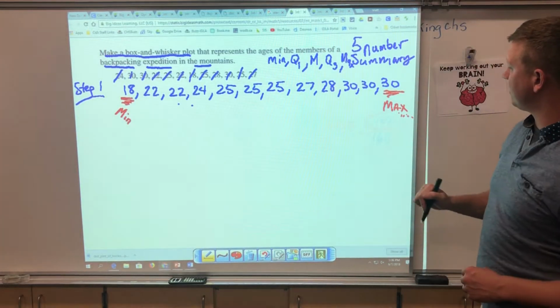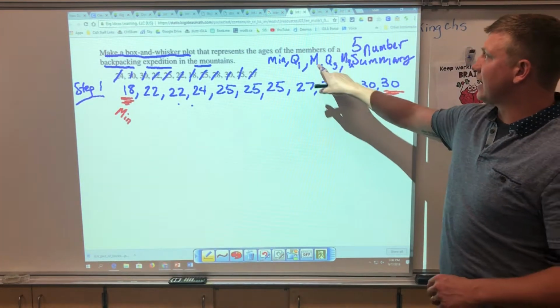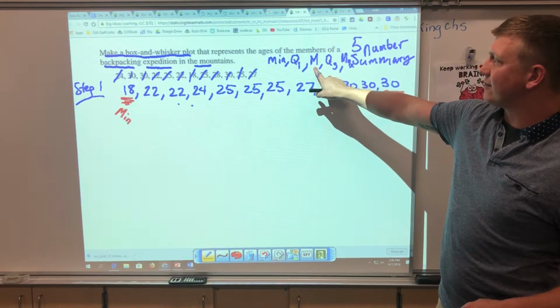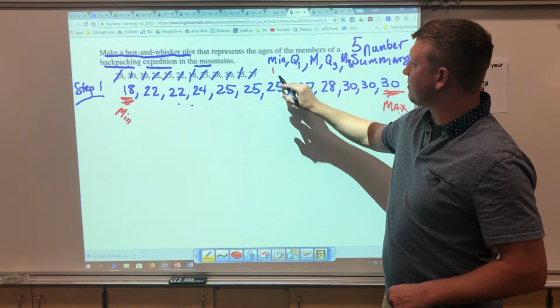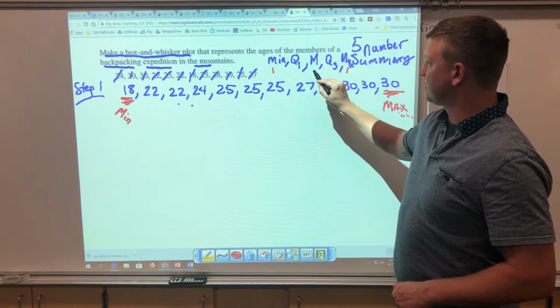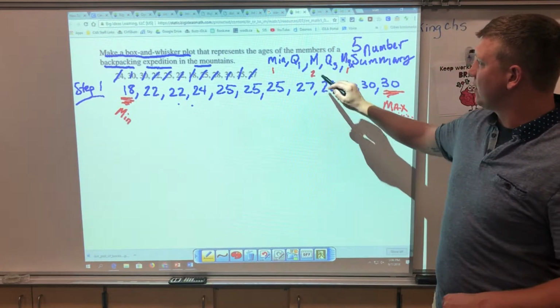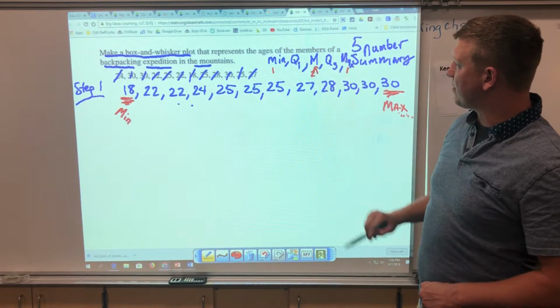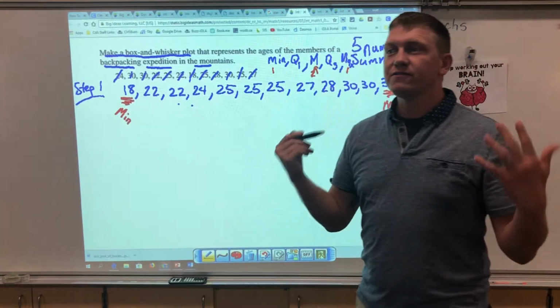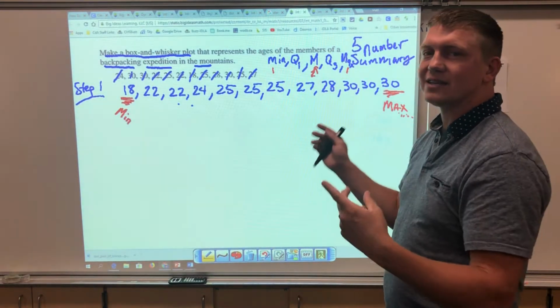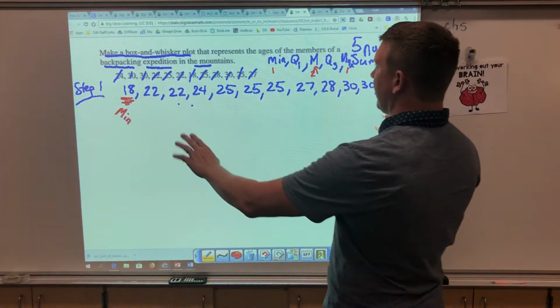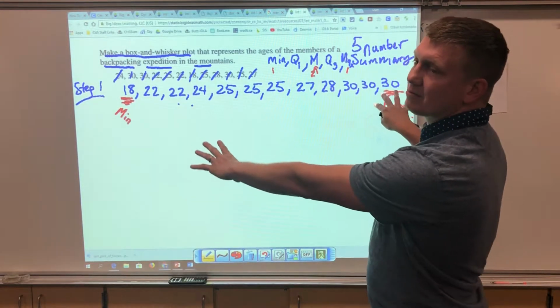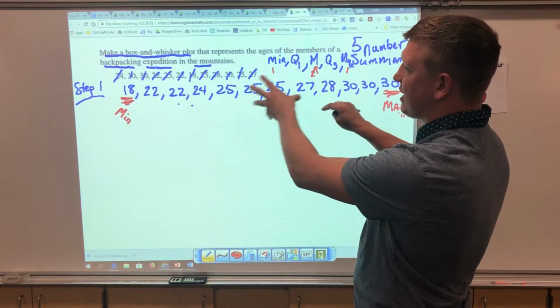The next thing you've got to do, kind of weird, is figure out that one right there. So first step was this one and this one. The second step is to figure out that one, which is the median. In order to find the median, you've got to cross out till you get to the middle. You know what? I like my numbers nice and pretty without having to cross them out and then not see them.